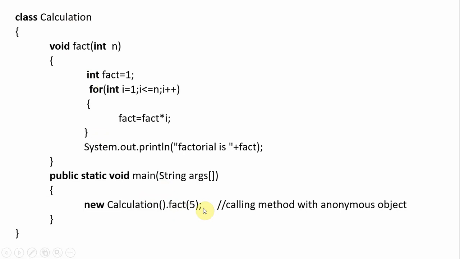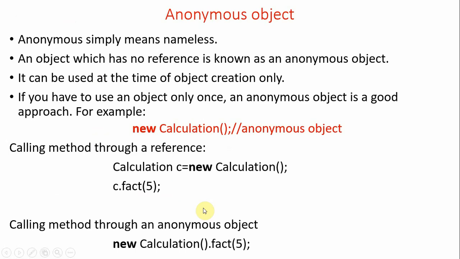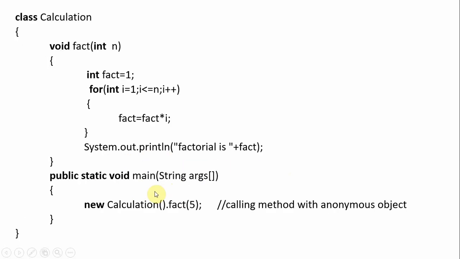So this is the way you can define a normal object: Calculation C equals new Calculation, and by C you can call fact. But that can be replaced with this alone, which is an anonymous object. But this is only for a one-time use.